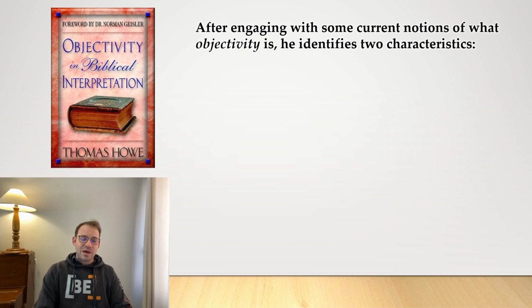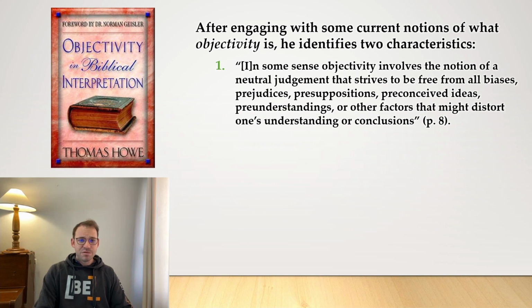As he summarizes, he identifies two characteristics. The first one is that in some sense, objectivity involves the notion of a neutral judgment that strives to be free from all biases, prejudices, presuppositions, preconceived ideas, pre-understandings, or other factors that might distort one's understanding or conclusions.